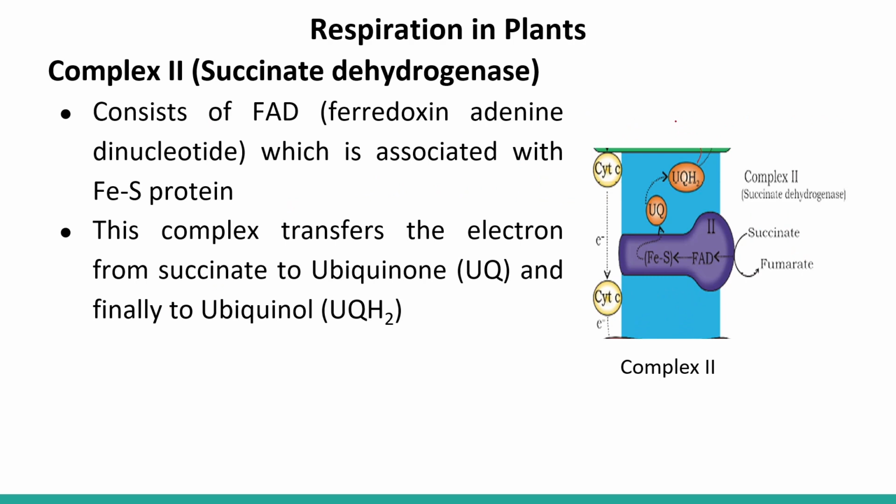Now let's talk about complex 2, which is succinate dehydrogenase. What does this enzyme do? It converts succinate to fumarate during the Krebs cycle. This complex consists of FAD, flavin adenine dinucleotide, which is also associated with the iron sulfur protein.